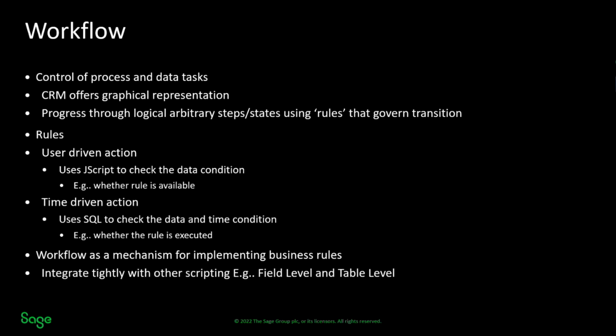So we'll look at the way in which workflow rules can call ASP pages and even .NET extensions, and how the change of data can cause table level scripts to trigger and cascade changes throughout the system as well. Okay.